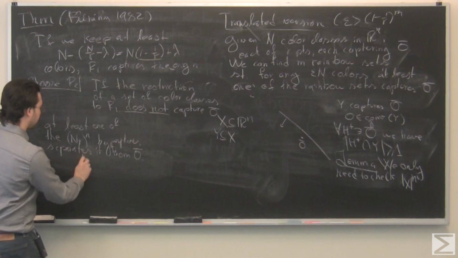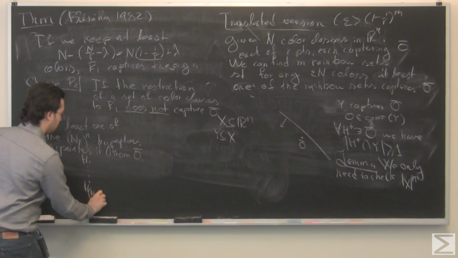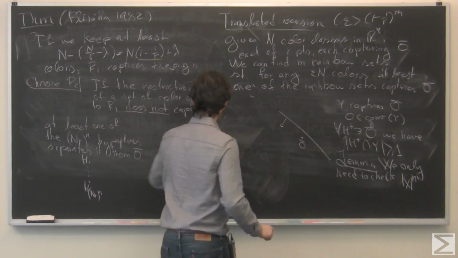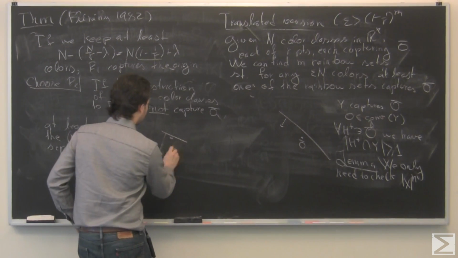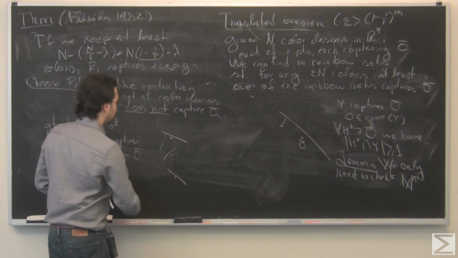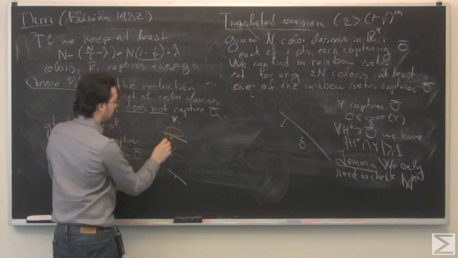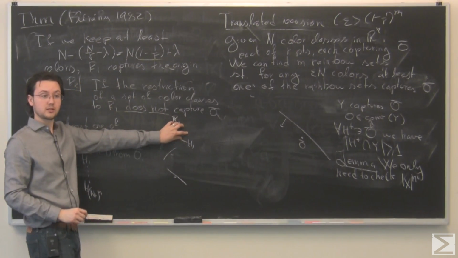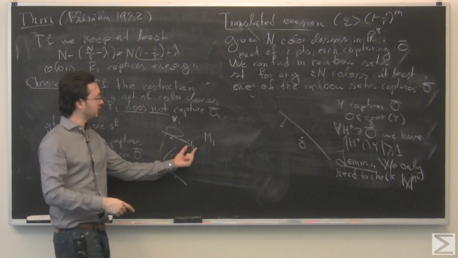So let's call these hyperplanes H1 up to H n over O to the n. So I can look at, so think of O1, and I can look at which colors are separated from the origin by H1. Okay? So let M1 be the set of colors which are separated by H1.